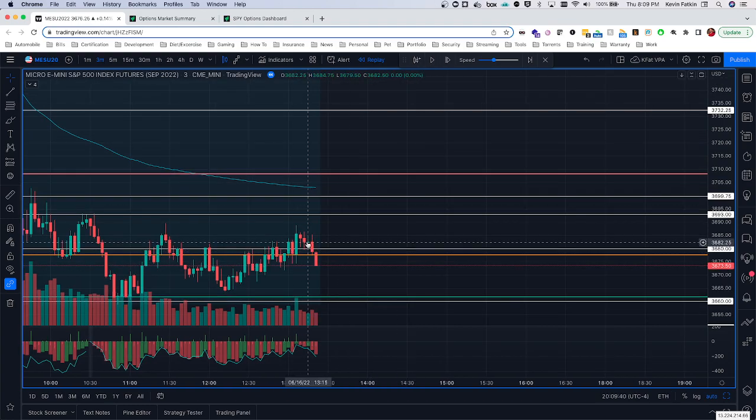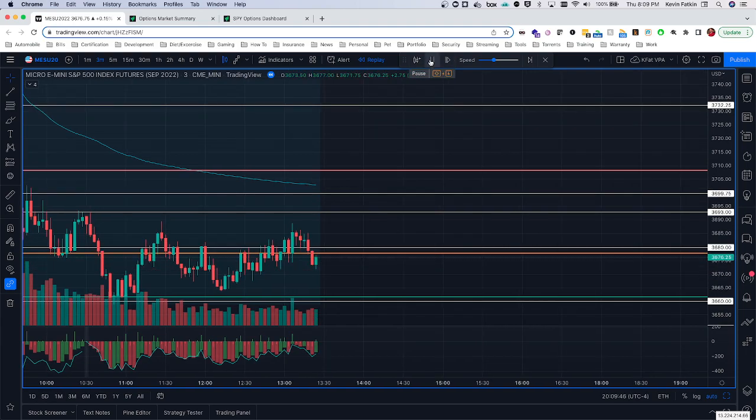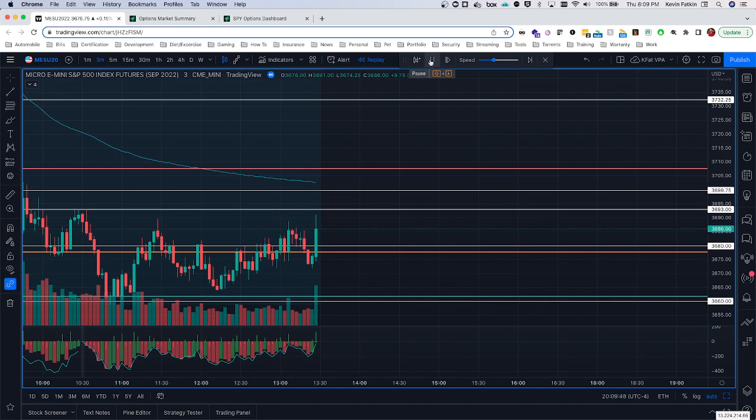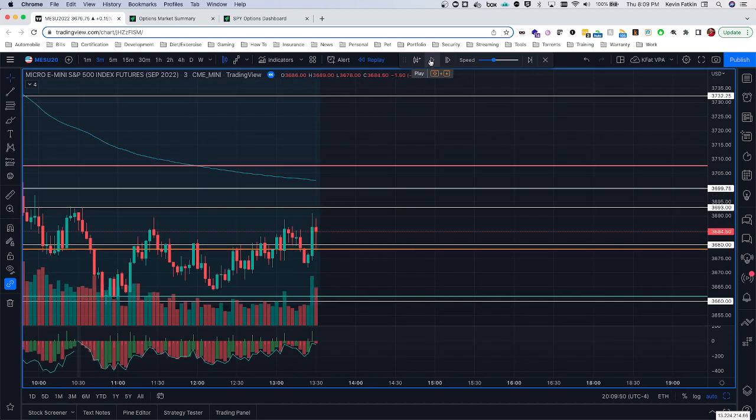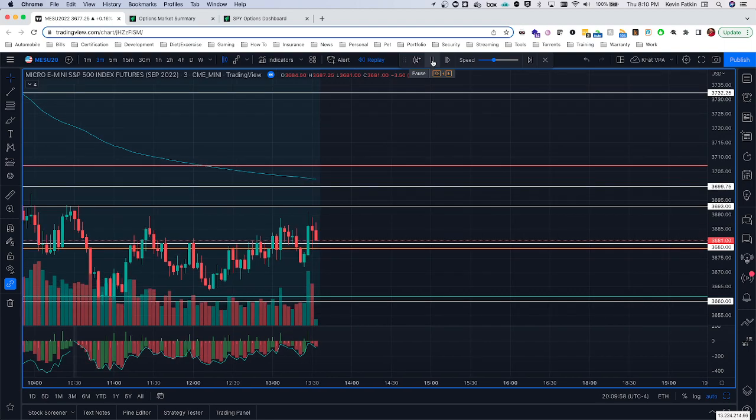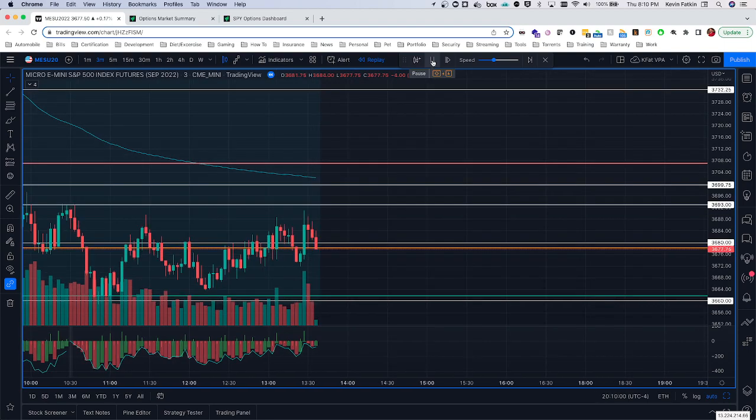But when we get to 135, we get these big candles here and it doesn't quite make it up to support, but what ends up happening is we get the alert, because that's what drew my attention.